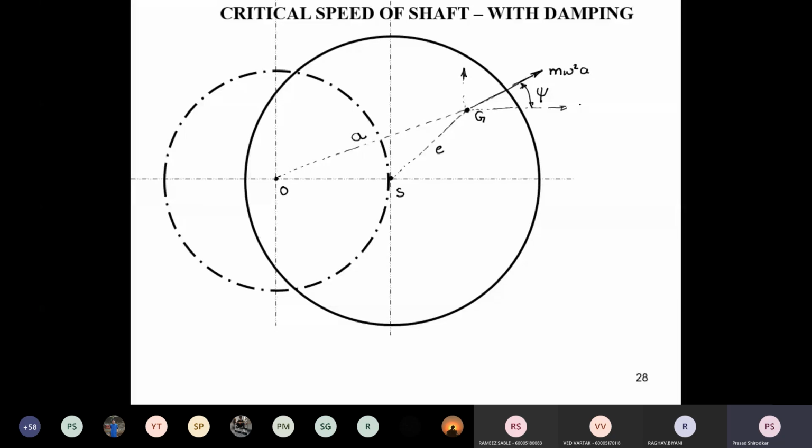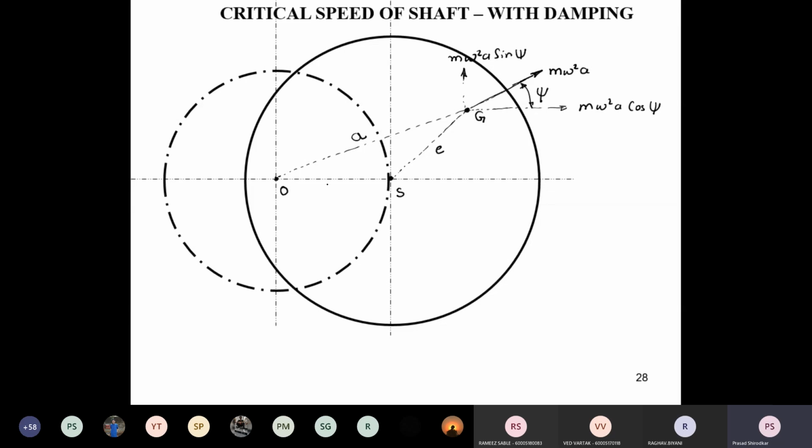So this is m omega square A cos psi, and m omega square A sin psi. So that takes care of the inertia force and its resolution.